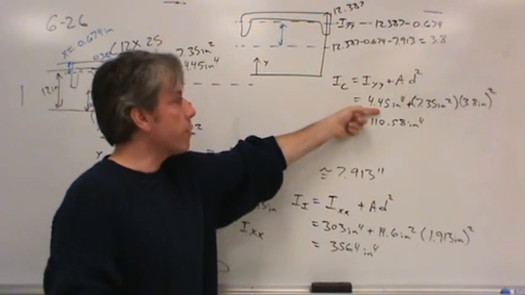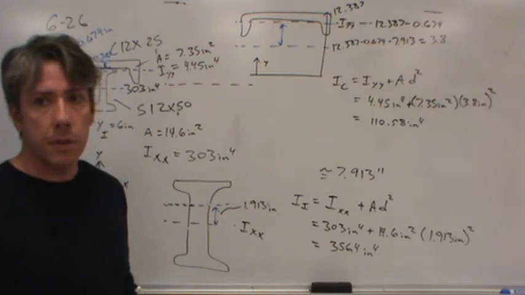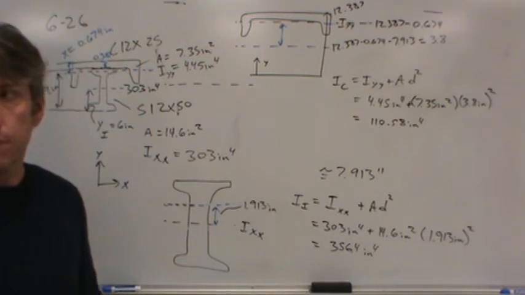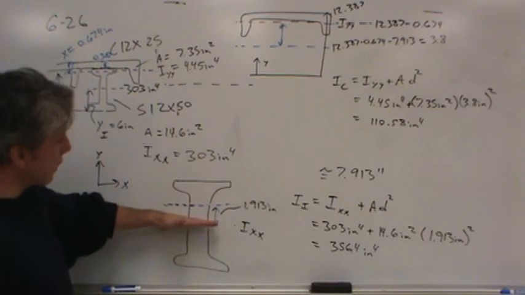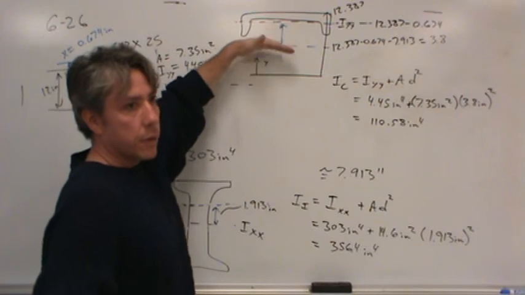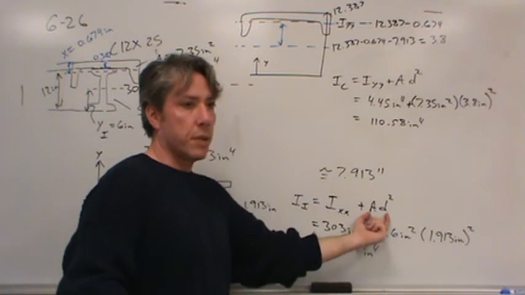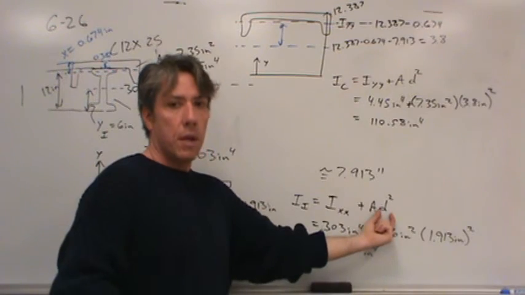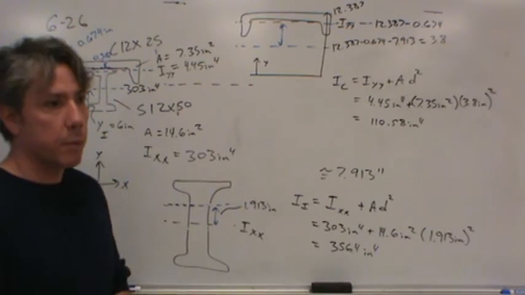We went from 4.45 to 110, whereas there was not a large change here. What's the difference? Why the difference? Because the centroid axis didn't move very far on this one, whereas the centroid axis moved very far on this one. Okay. Notice the parallel axis theorem is very sensitive to this term, right? The farther this distance is, it's to the square of that, right? So it's going to make a much larger difference in the area moment of inertia.